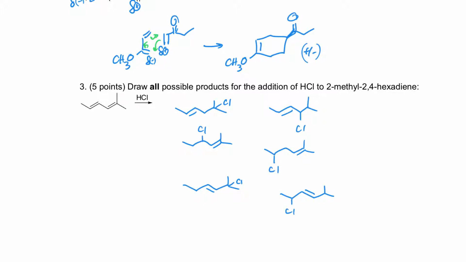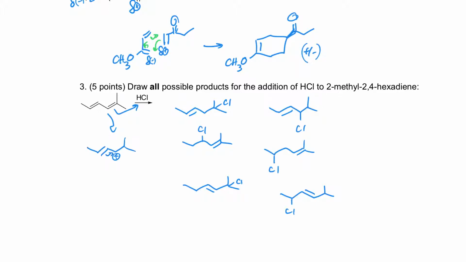So this is all well and good, but probably a better way to ask this question would be to show me the kinetic and show me the thermodynamic product. And we know that the kinetic product will form fastest, and it's going to be the 1,2 addition typically. And if we draw a mechanism, we can explore the different potential stabilized cations.